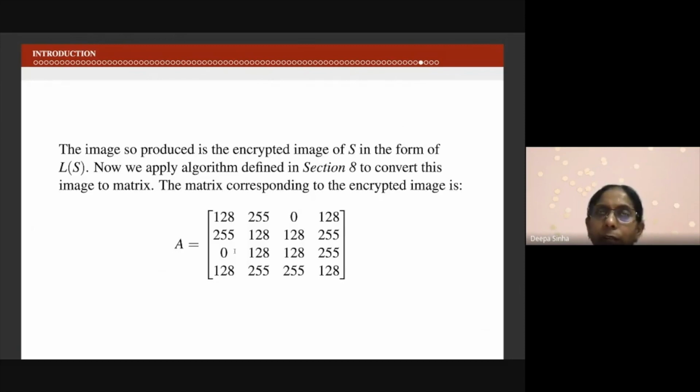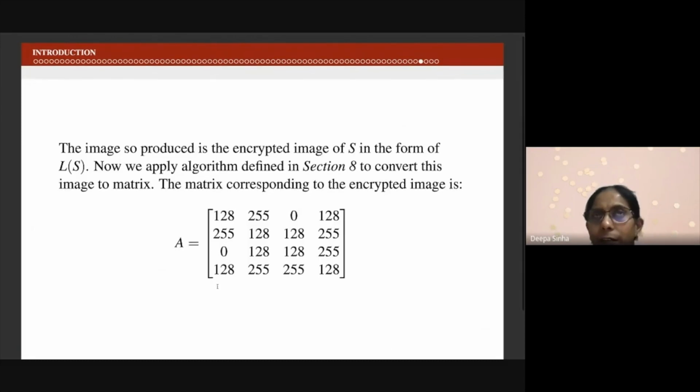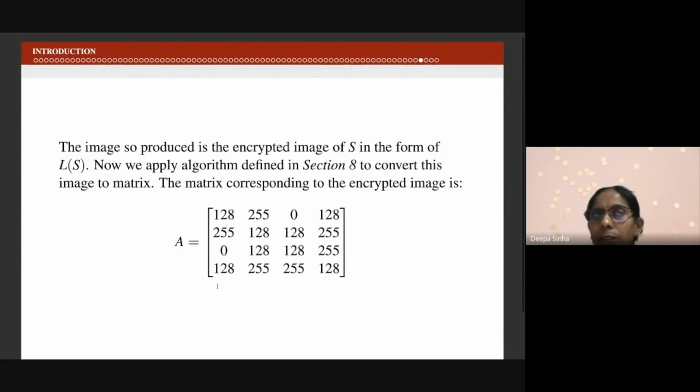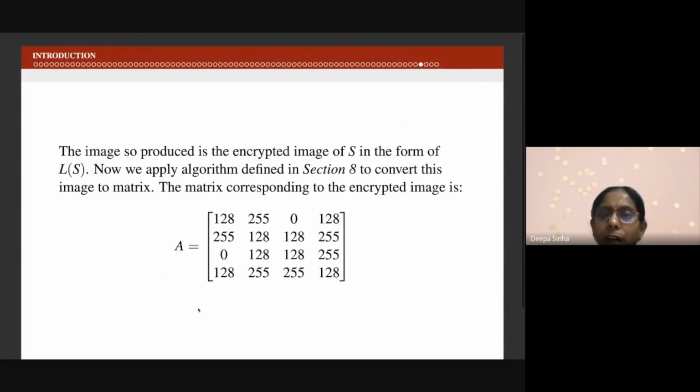It will not work. That is why it is necessary that whatever information goes, it goes in a confidential manner and nobody is able to crack it in between. This is how one can use sign graphs for encryption and decryption.